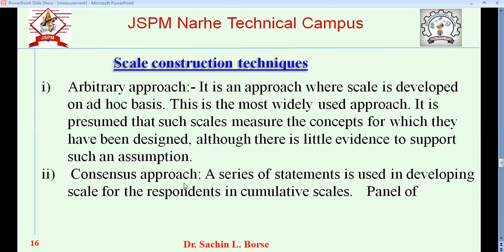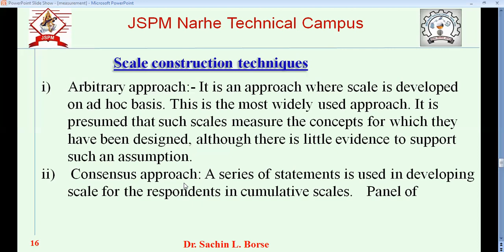Then comes the consensus approach. Here we create a series of statements for developing the scale for respondents.